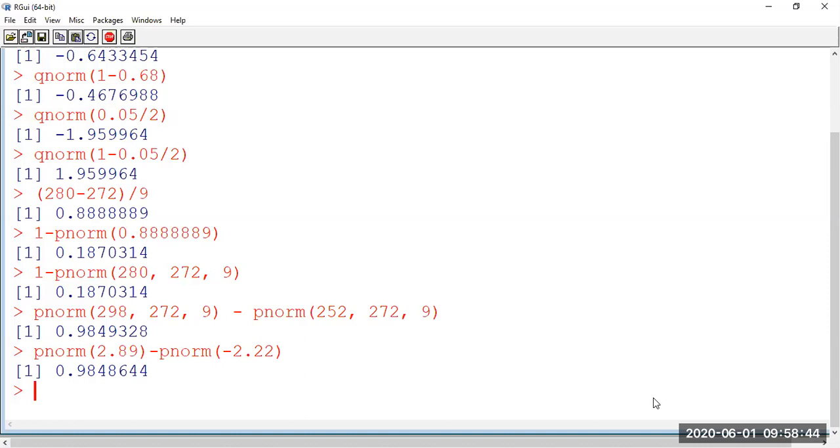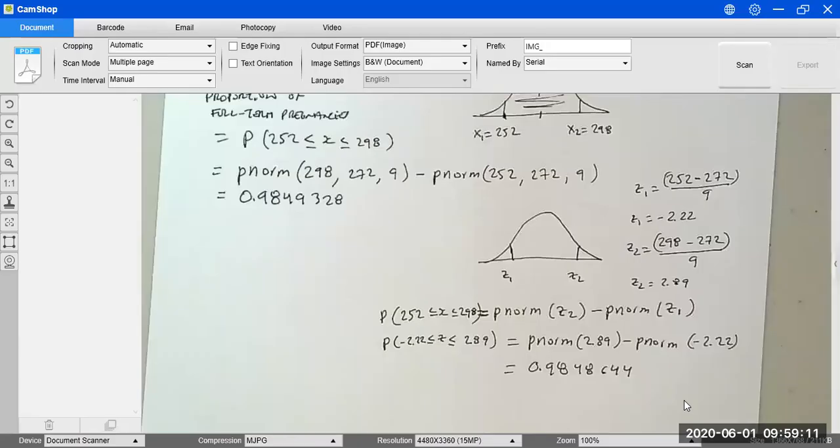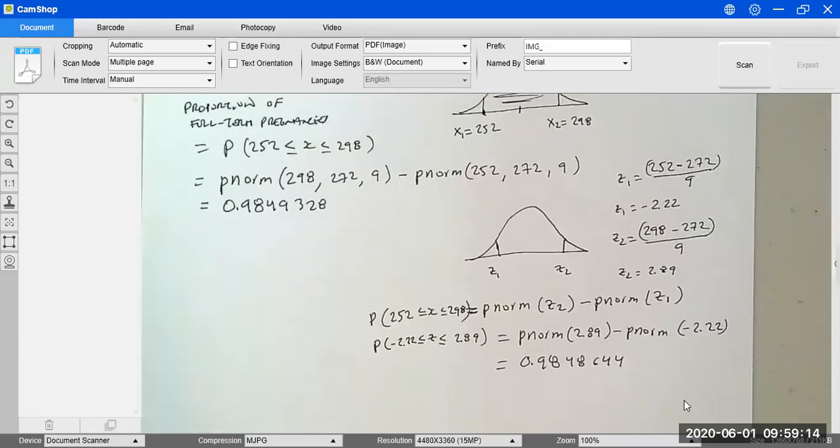So we have 0.9849328 using just the x values, the mean and the standard deviation, or 0.9848644 when you use the z-scores. So again, two ways to solve the same problem. It's going to be up to you, the one that you prefer.